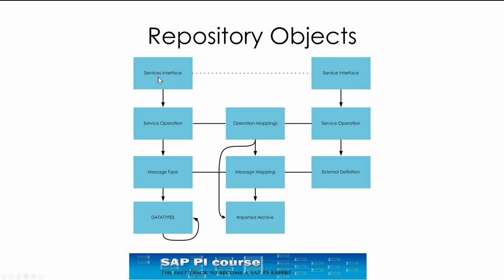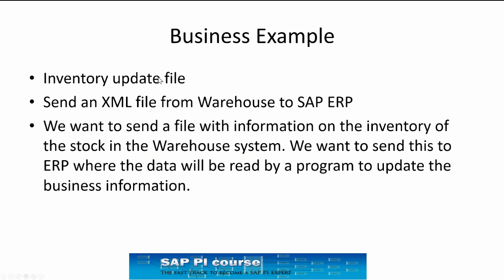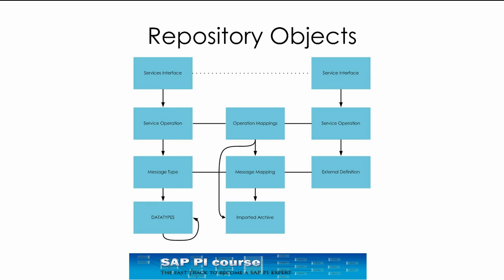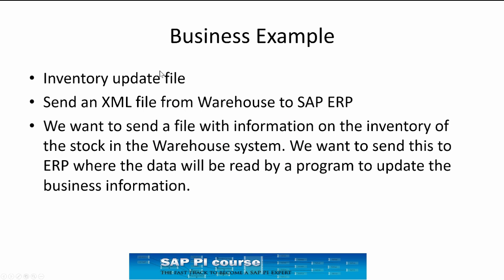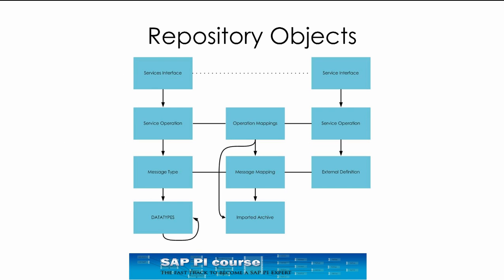We define a service operation for receiving from the warehouse. What was the data type we were sending? Oh, it's inventory. So we'd have a service interface for the inbound, the outbound here. The service operation would always be the same as the service interface.